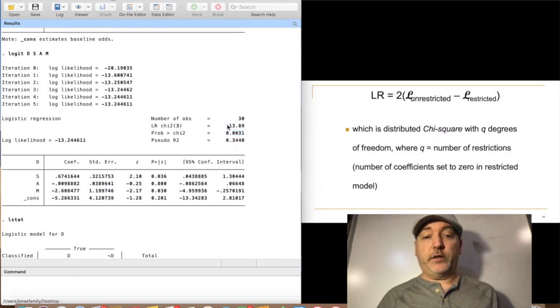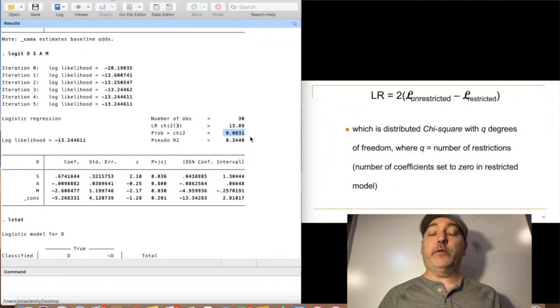So here we get a chi-square with 3 degrees of freedom, because we have 3 variables, equal to 13.89, and a p-value less than 0.01. So we can reject at beyond 1% significance that all of our coefficients are simultaneously 0.